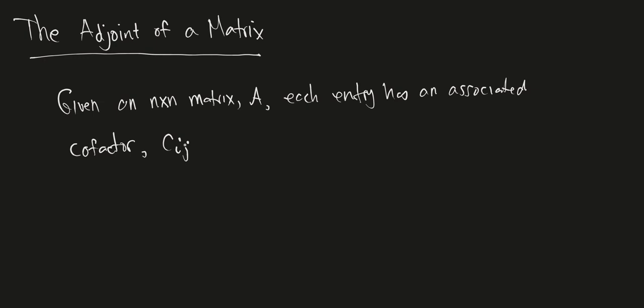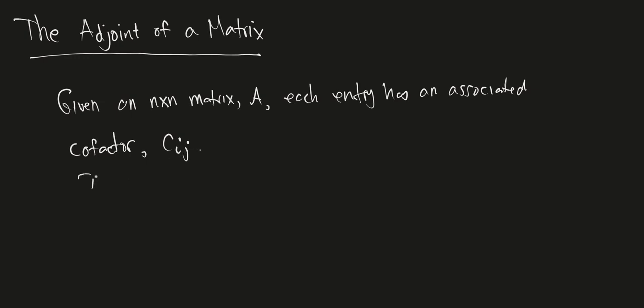Each cofactor is a number, so you can actually form a new matrix where you replace the entries of the original matrix with the corresponding cofactor, right? And that matrix is called the matrix of cofactors.